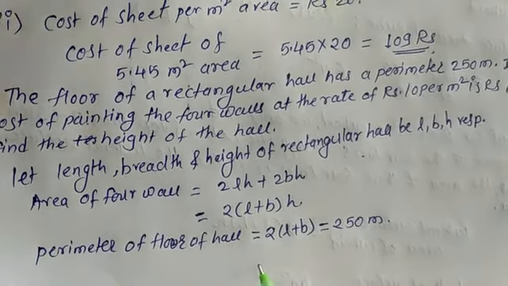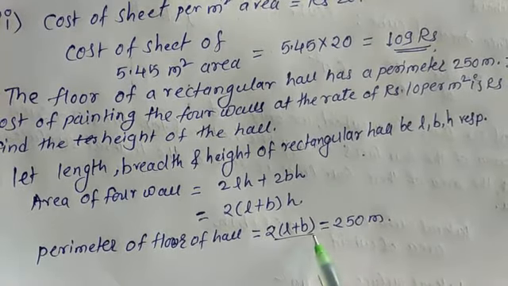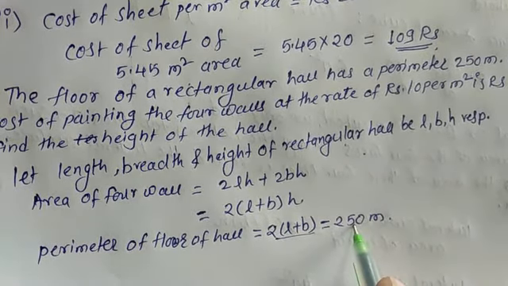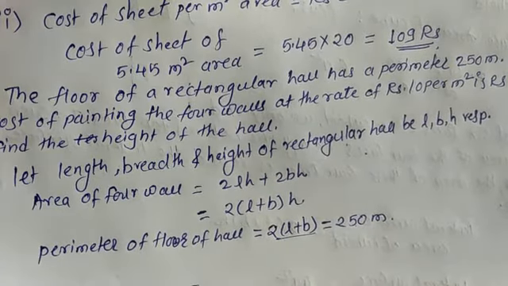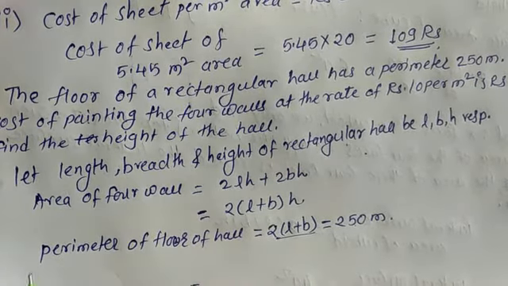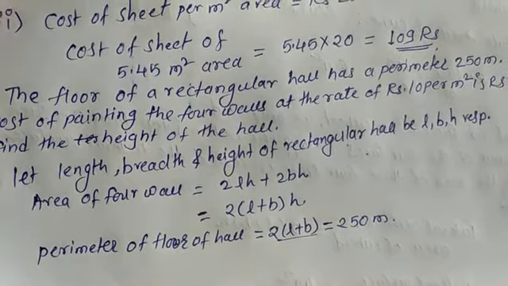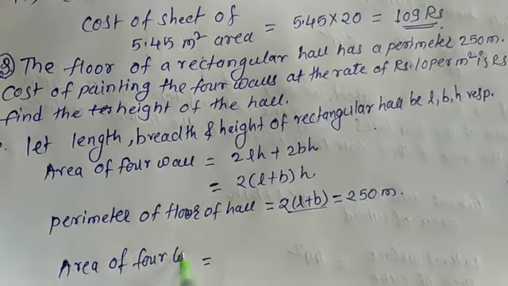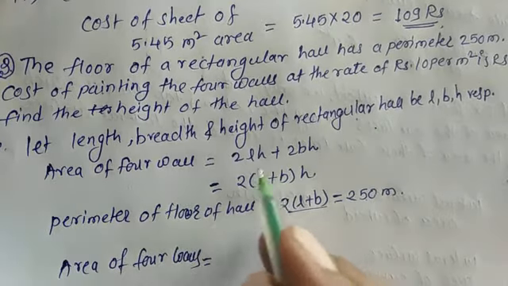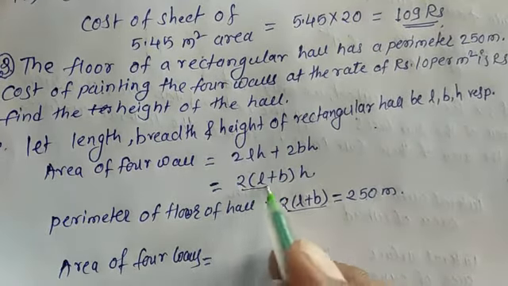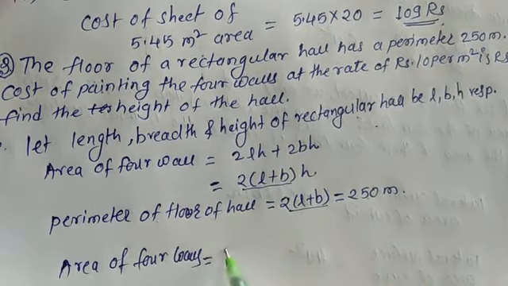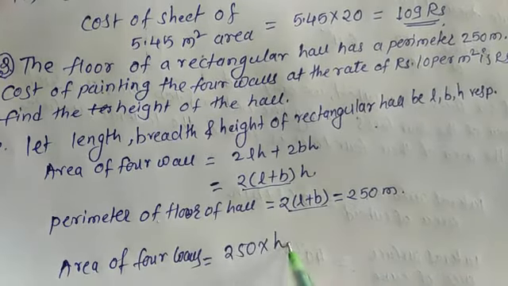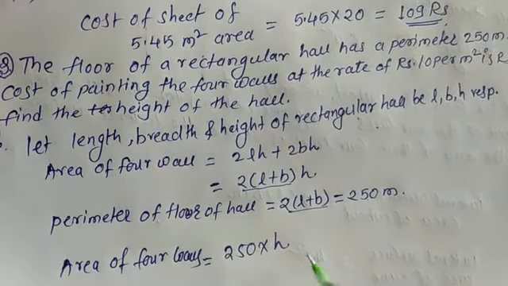So area of 4 walls is equal to 250 into H meter square.